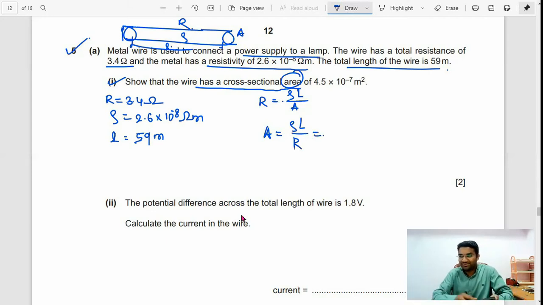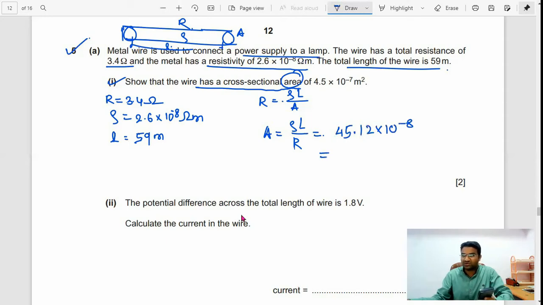Look here, rho is 2.6 times 10 raised to negative 8, keep as it is, times L, 59, over 3.4. So you will get 45.12 times 10 raised to negative 8.